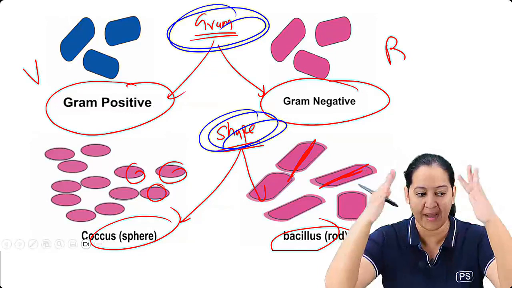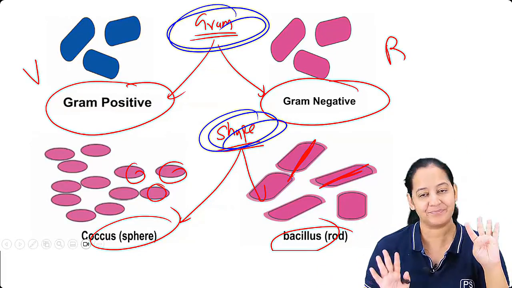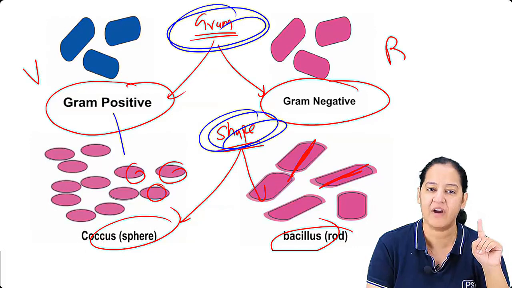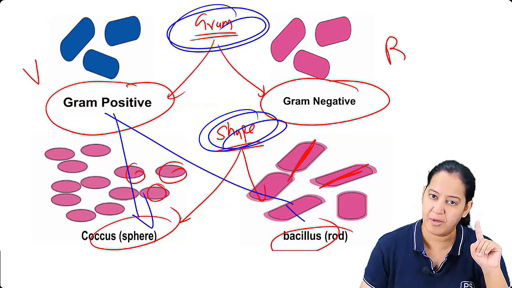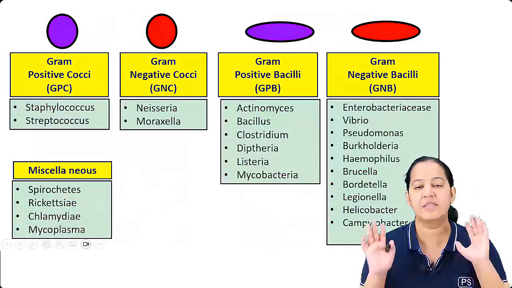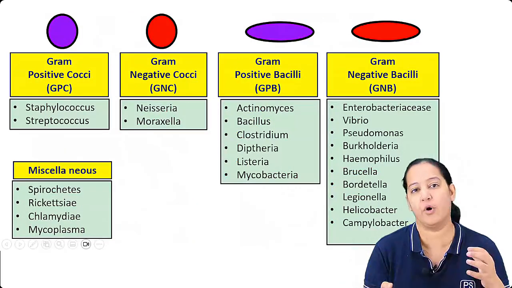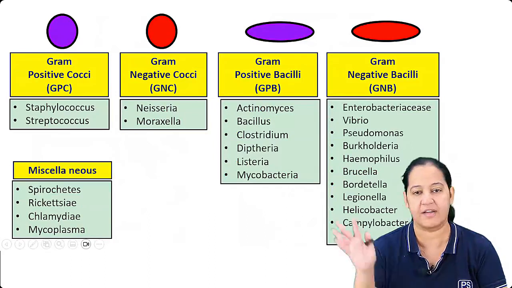Let's combine the two classifications. We have four types of bacteria: gram positive cocci, gram positive bacilli, gram negative cocci, gram negative bacilli. This is the ultimate classification of bacteriology that we saw yesterday also, and we are revising it and starting the bacteriology.